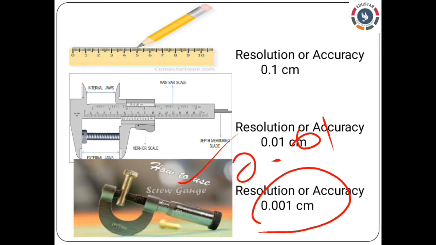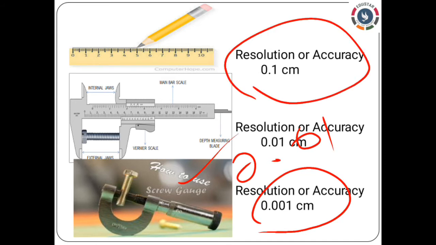So this is more accurate than the vernier caliper and meter scale. This is called resolution. So students, you may now know what we mean by resolution or accuracy. Both have the same meaning, and it is also called the least count. Least count means the least value that can be measured by the instrument.